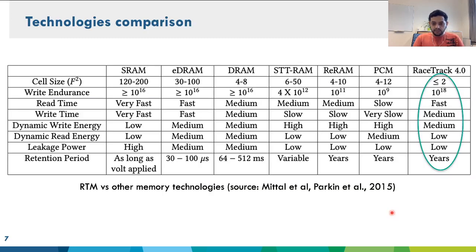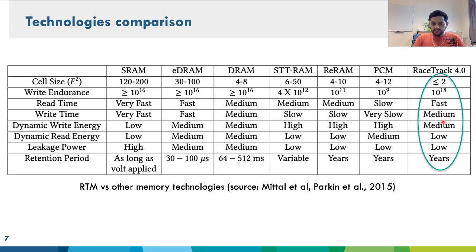With this table, I give a direct comparison of racetrack memories with all other available memory technologies. As I said in the last slide, it's the most dense memory technology, which means it has the smallest cell size. Endurance is not an issue, it's a magnetic memory. Read time is comparable to DRAM.